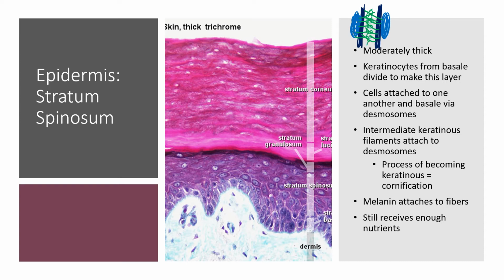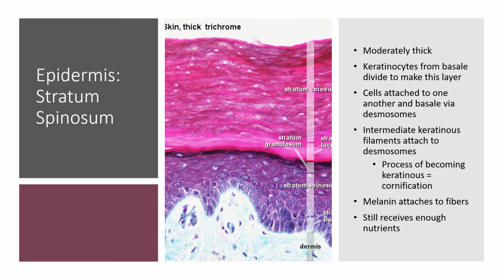What that means is that these two cells are pretty well secured next to one another, but they do have some give. When you push on your skin, it doesn't just tear. It moves a little bit and can bounce back. You've got collagen fibers and elastic fibers to help with that, and these desmosomes also help with that process.